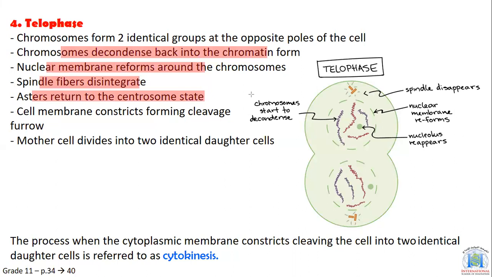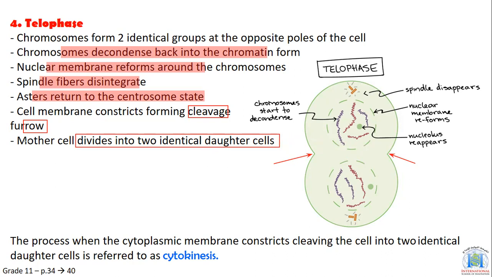Then, chromatin are back. To split these 2 cells, you will see a cleavage furrow at the center of the cell. We call this a cleavage furrow. to split the mother cell into two identical daughter cells.